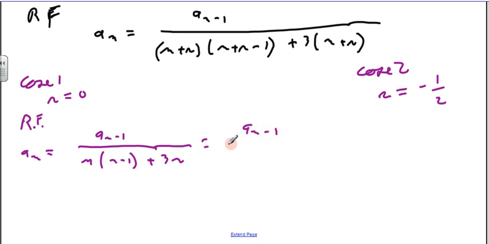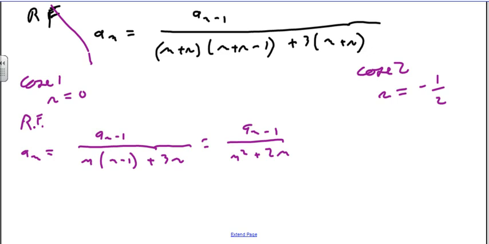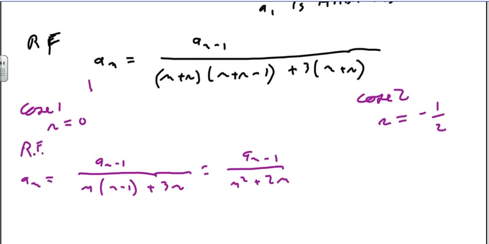An minus 1 divided by n squared plus 2n. It would appear that I dropped something on the way.